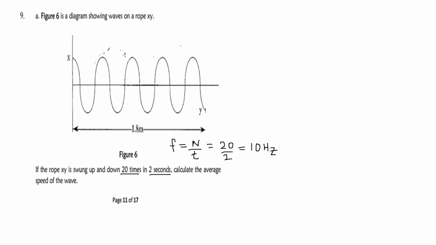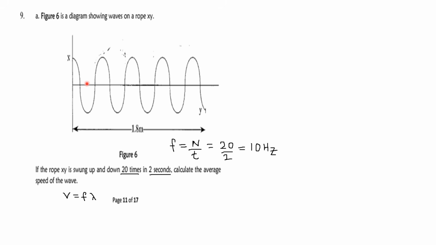In order to calculate speed, the speed is equal to frequency multiplied by wavelength. But do we know the wavelength? No, we don't. We need to find it. The wavelength can be found from the diagram. Remember, wavelength is the distance between any 2 points which are in phase.